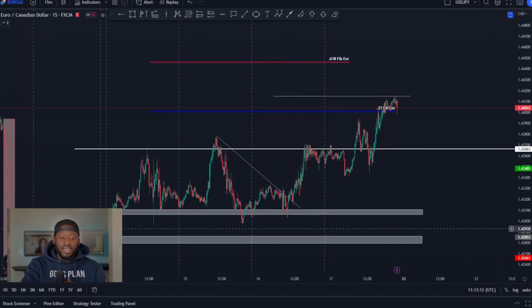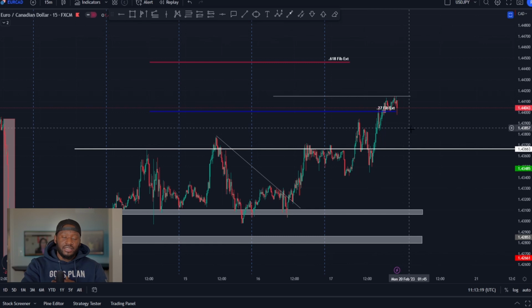However, we did get the rejection. We did get buyers holding this market, and price ended up going in our favor. Like I said, it required a lot of emotional control, but I managed to sit on my hands, and thankfully the trade eventually took us out at a profit.